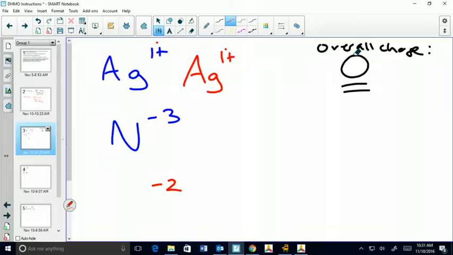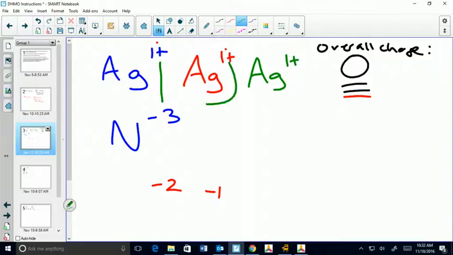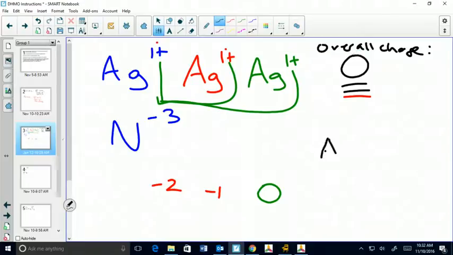Take away that -3, we'd be down to -1, but still not at 0. So therefore, I have to have a third silver, Ag1+, so that this plus this plus this all will give me 0. So my formula for this compound would then be Ag3N.